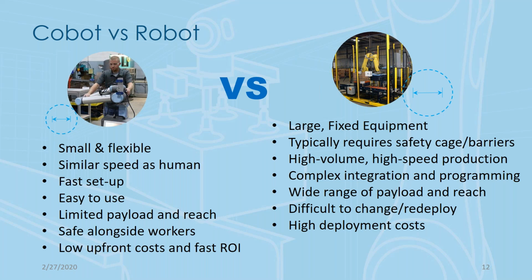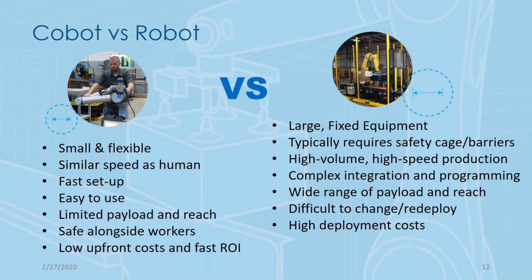Now, the last slide we'll hit here to just talk further about collaborative robots versus traditional robots. This has a little bit of a comparison here. For starters, you can see in the picture there, one gentleman's pushing his collaborative robot on a cart. It's able to move from one cell to another, and he just sets it up as work conditions and workforce needs dictate, as compared to more of a large fixed installation.